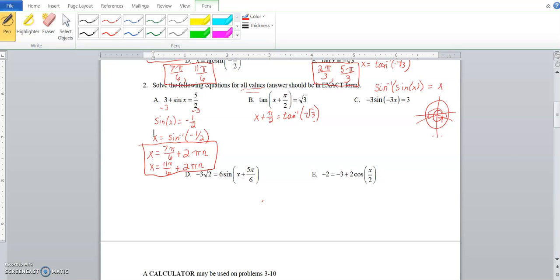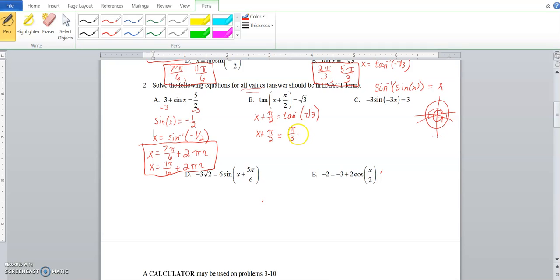Okay, and at this point, we just need to say, okay, so x plus pi over 2 equals, well, what angle, where does tangent equal square root of 3? So that's positive, so we're in quadrant 1. And we know from our unit circle or from our table that the answer is pi over 3. All right, because the larger angle goes with the larger value, the square root of 3.